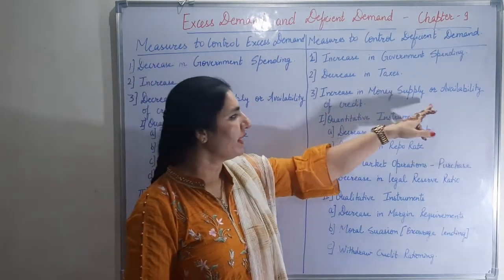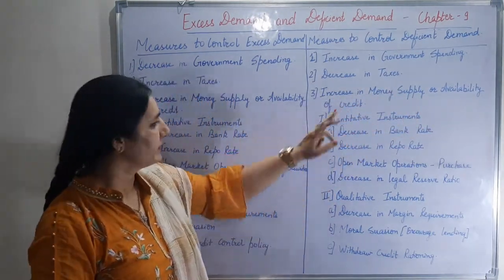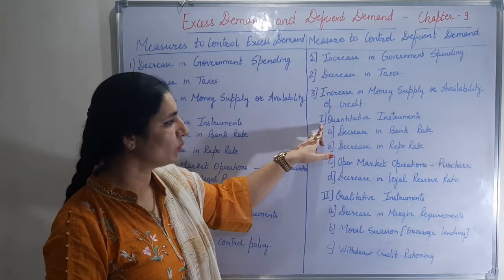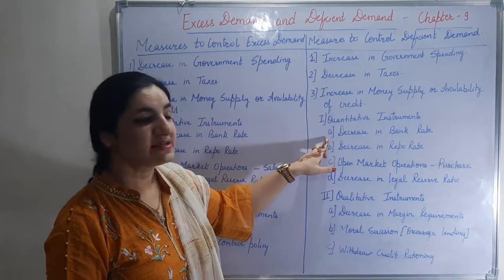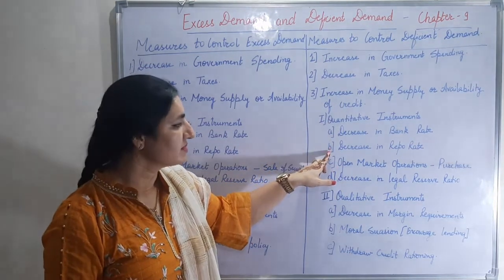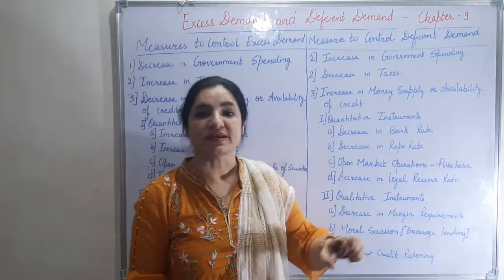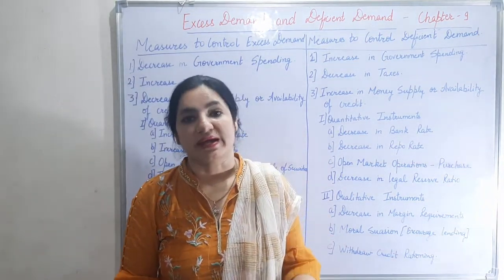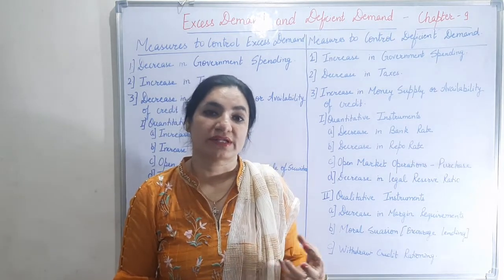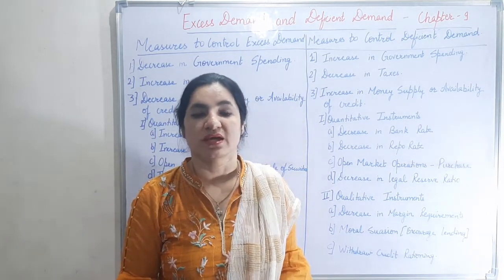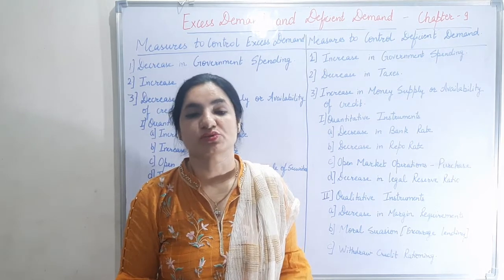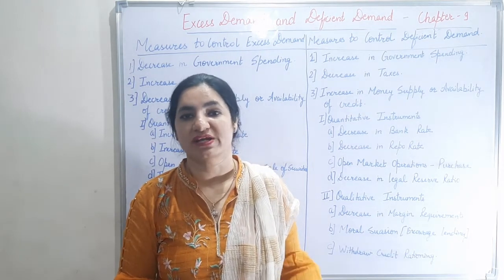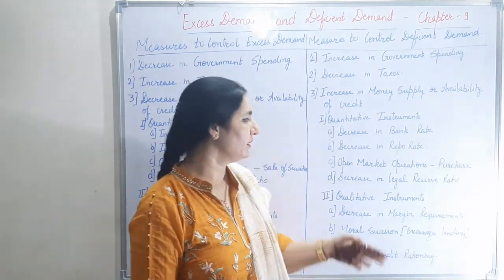Increase in money supply or availability of credit. First is quantitative instruments: decrease in bank rate, decrease in repo rate. If the interest rate is decreased, people will be inclined to take more loans from the banks. If they are willing to take more loans, there will be more money supply and demand will definitely increase.